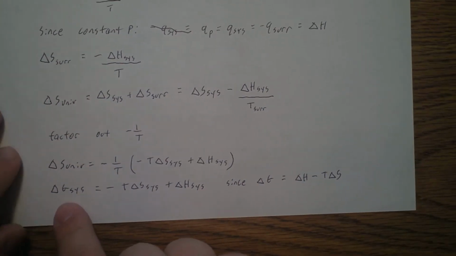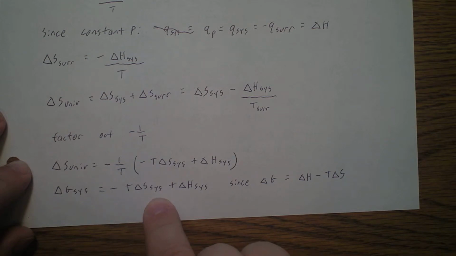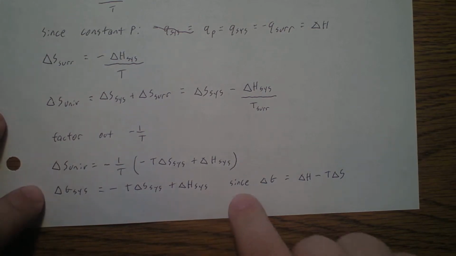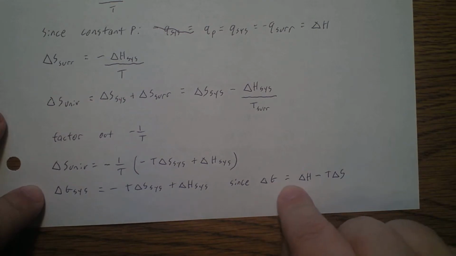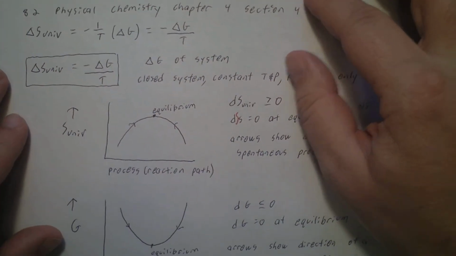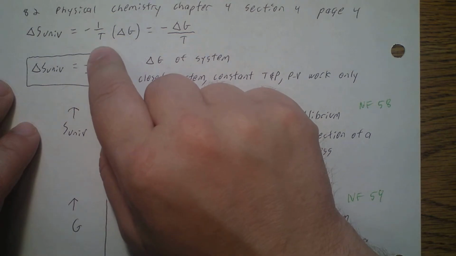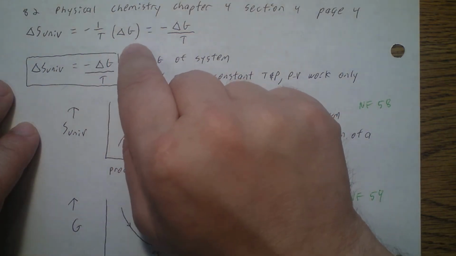That gives us the change in Gibbs free energy of the system is equal to minus temperature times the change in the entropy of the system plus the change in enthalpy of the system, because we're using delta G is equal to delta H minus T delta S. So now we have the change in entropy of the universe is equal to minus 1 over temperature times the change in the Gibbs free energy.